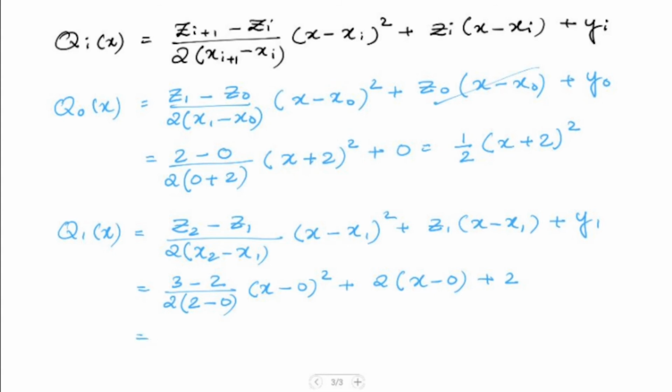If you solve this, you will get 1/4 times x squared plus 2x plus 2.